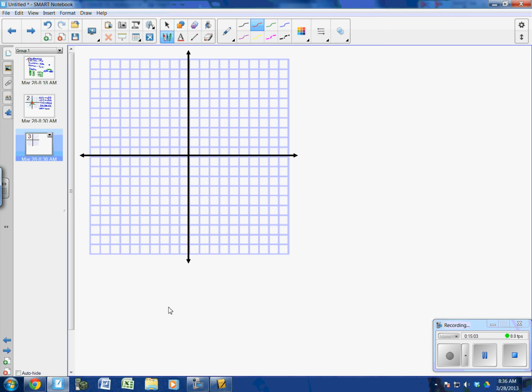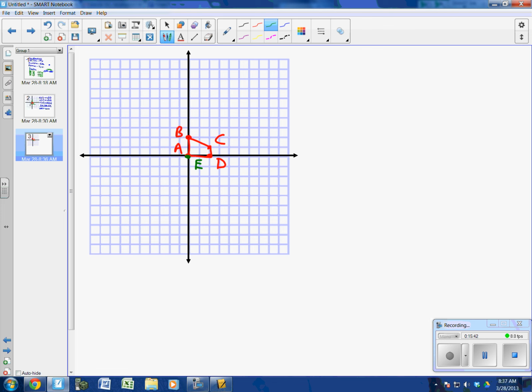I'm going to draw the picture of it first here. We have A at 0, 0. B is at 0, 2. C is at 2, 1. And D is at 2, 0, right? And then we have E at 0, 0.